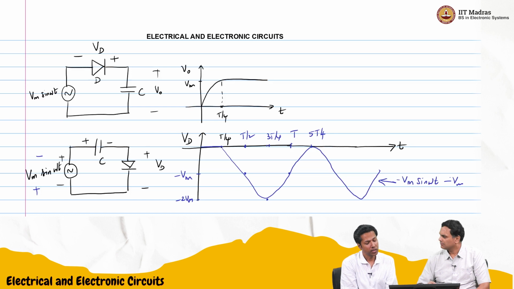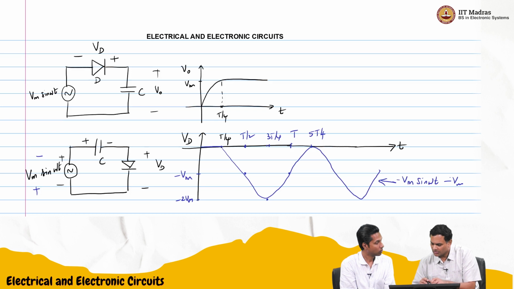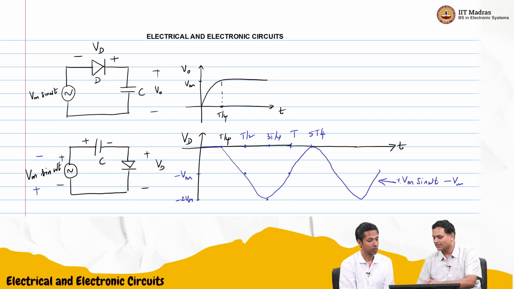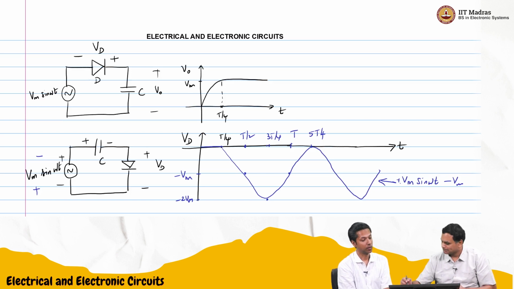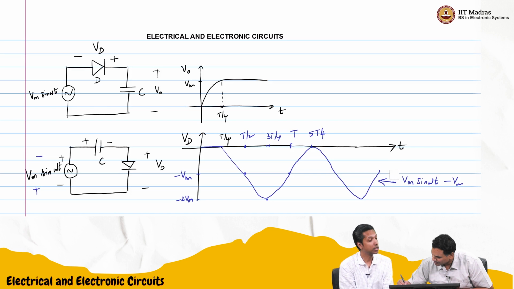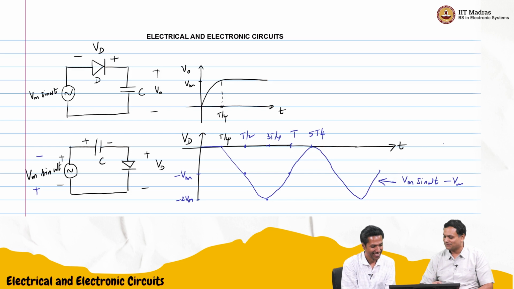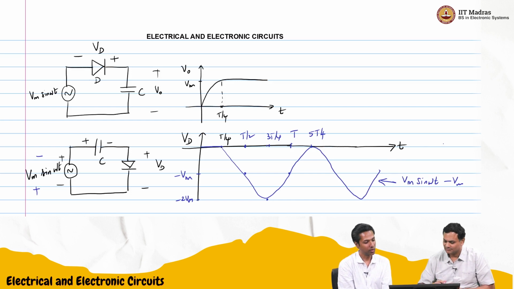Because Vm sin omega t minus Vm would bring it to a peak value of minus 2 Vm, with maximum value 0. Now it has an average value of minus Vm. You have shifted the entire waveform by minus Vm.